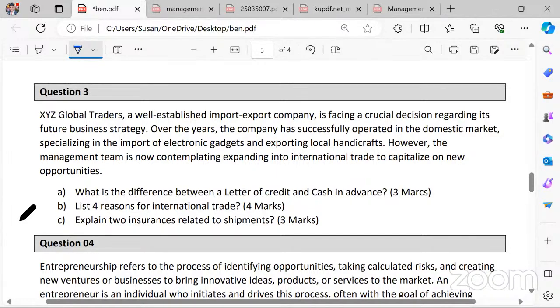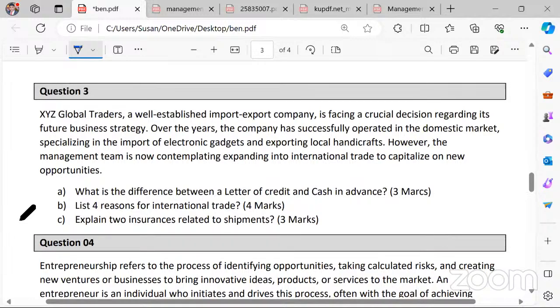However, the management team is now contemplating expanding into international trade to capitalize on new opportunities. Right? That is the case given.